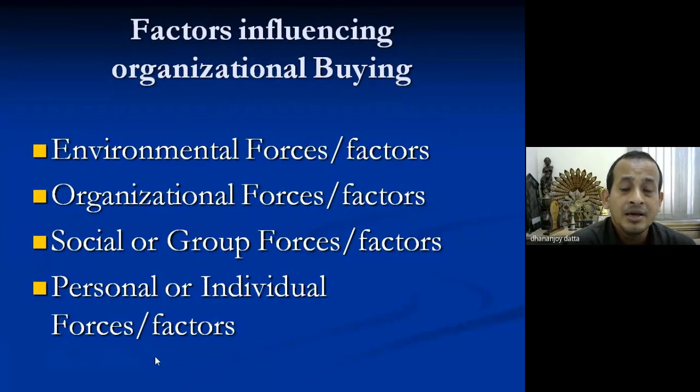Now see, I am giving one example. Due to technological advancement, all banks have adopted ATM machines. So this is an environmental force which has influenced the bank's buying process to purchase ATM machines. This is how environmental forces or factors influence organizational buying. Next we'll talk about organizational forces or factors.